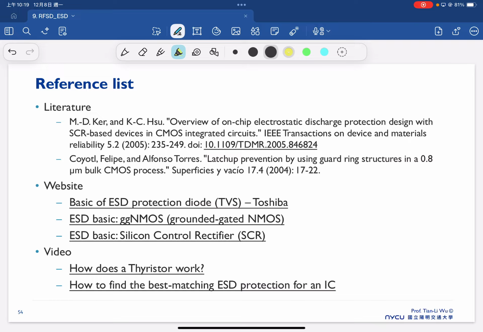We talk about the phenomenon, typical standards, and some of the basic devices we can use for ESD protection. And of course, there is more, because this is knowledge that has been accumulated over the last 2 decades. There are tons of literature trying to address this issue, so if you are interested, you can look further by yourself.